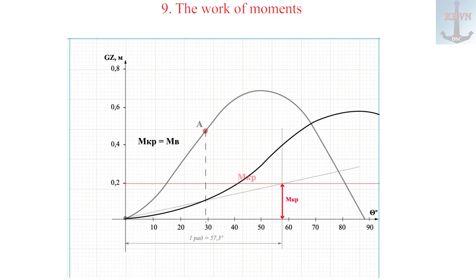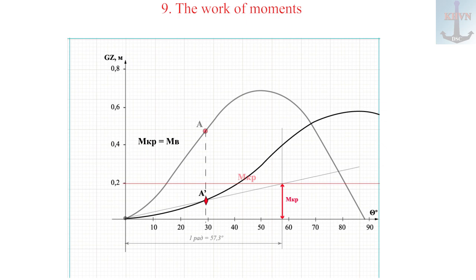At the end of 1 rad, perpendicularly, the previously calculated heeling moment, or its arm, is plotted. 3. From the origin of coordinates, an oblique straight line is drawn to the heeling moment; this is the work of the moment. 4. The point of intersection of the DSD curve and the oblique straight line gives the angle of dynamic list on the abscissa axis for this heeling moment.